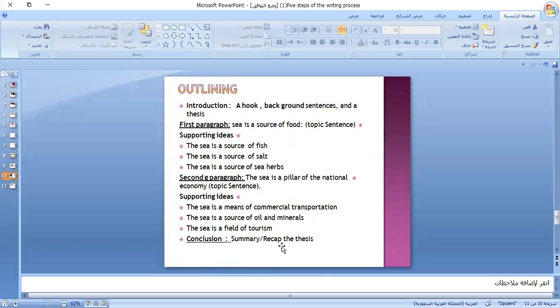Okay, so in this way, you can build a good essay, a well-planned, well-organized essay. Of course, all of this is done before writing, before taking your pen to write your actual essay. We will discuss the next stage, which is actual writing, drafting and composing, in the next lecture.